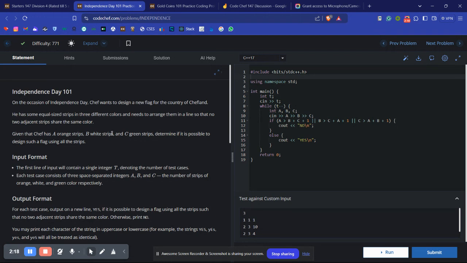Let us take an example like A equals 5, B equals 2 and C equals 1.